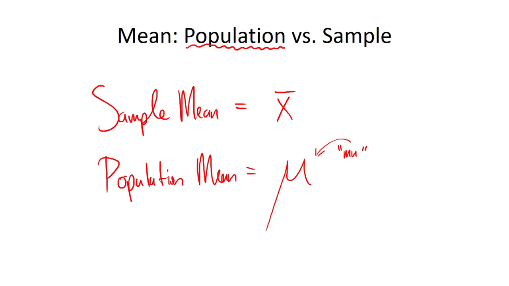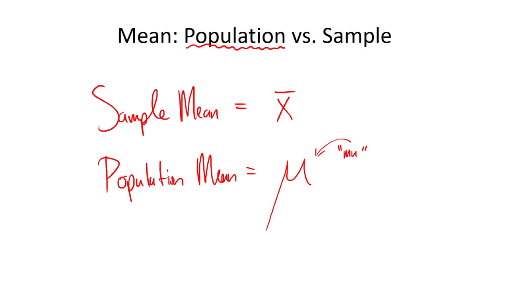And so we use it to distinguish between whether someone's talking about the population mean, which is probably what they actually want to know, or a sample mean, which is a number that was calculated from sample data. If someone's telling you that the average was this, you want to know whether it was a population mean or a sample mean, because the sample mean means something different.